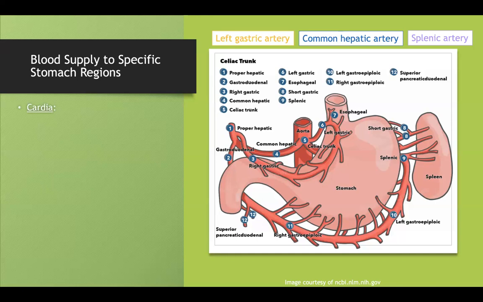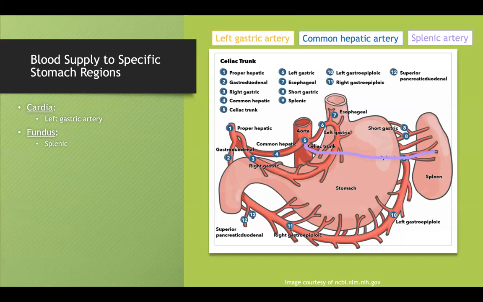So for the cardia, remember cardia is the region closest to our esophagus. That's going to be supplied by the left gastric artery. The fundus, on the other hand, is going to be supplied by the short gastric arteries coming off of the splenic. So here's our splenic artery.